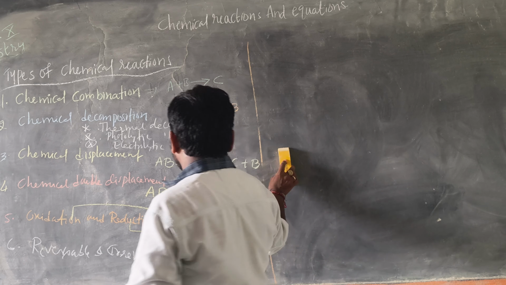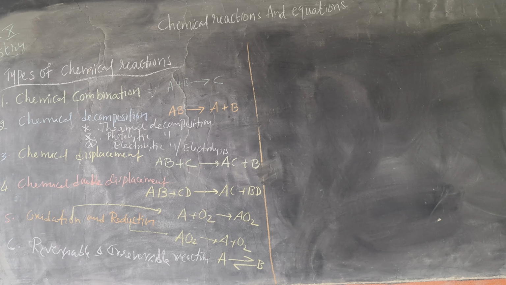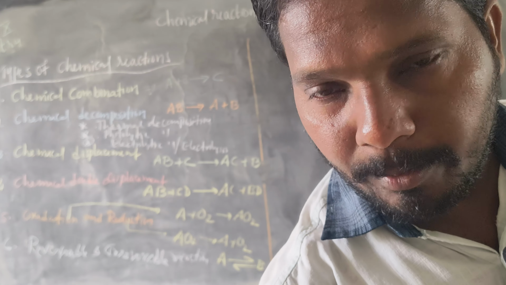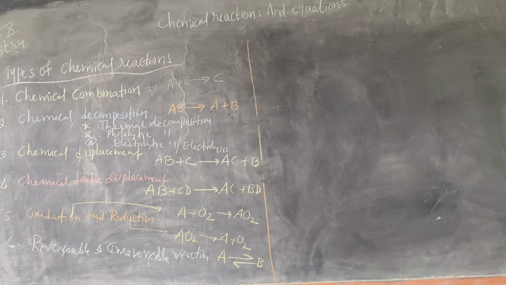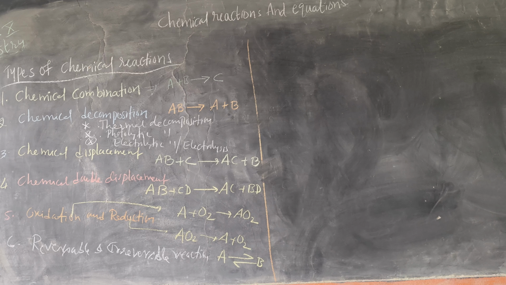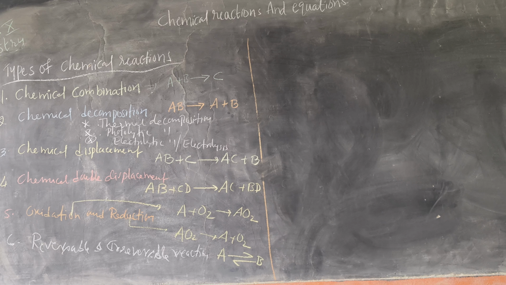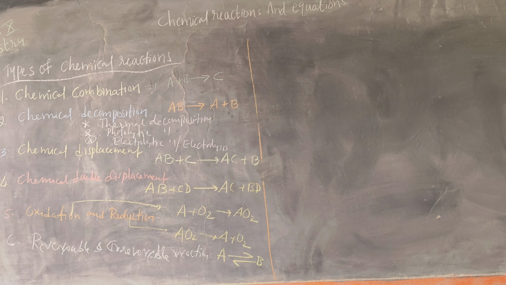So let us discuss chemical decomposition. Chemical combination means two or more substances are combined together and form only one substance. Such kinds of reactions are called chemical combination.